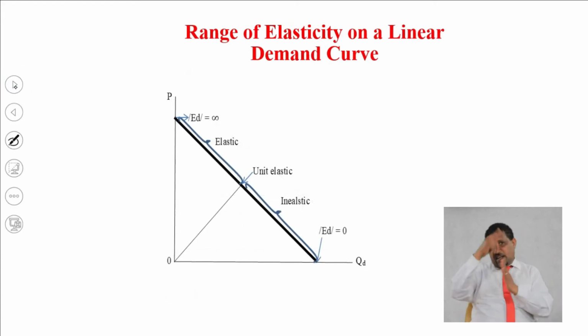Now let's see the range of elasticity of demand on a linear demand curve. This line divides the x and y axes into two. And at the midpoint, the demand is unit elastic. That means the price elasticity of demand is 1.